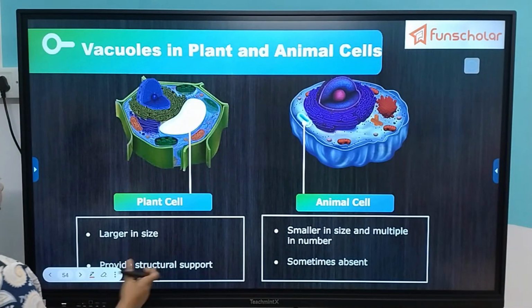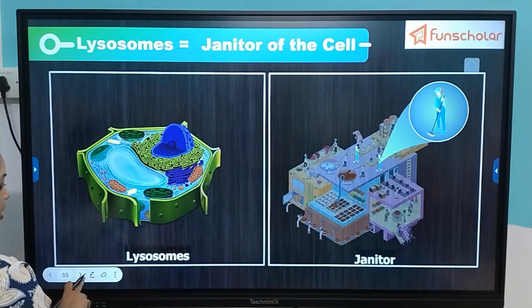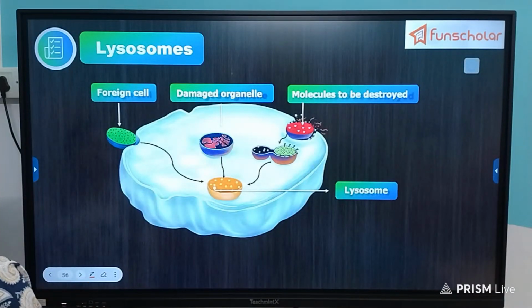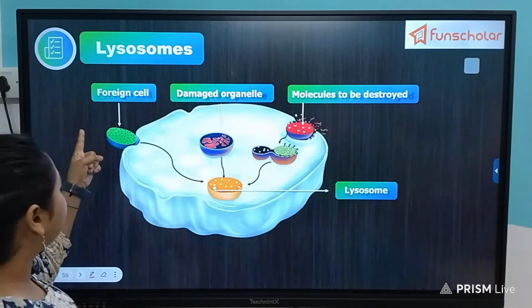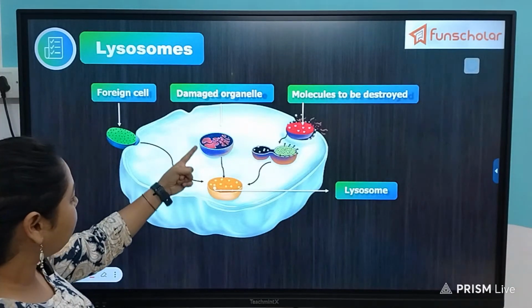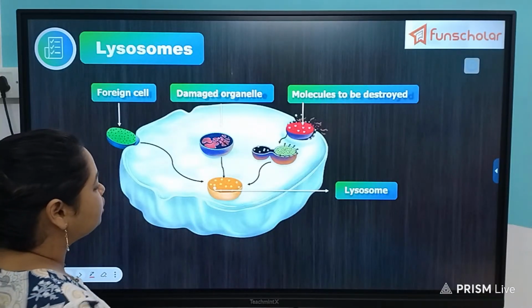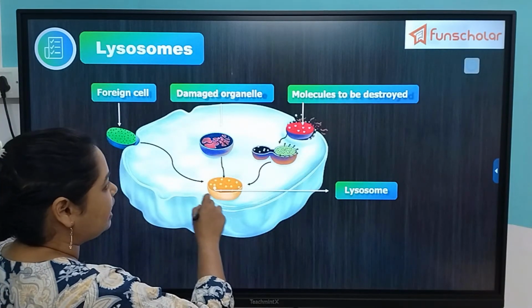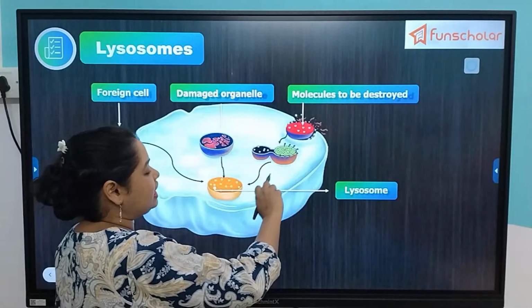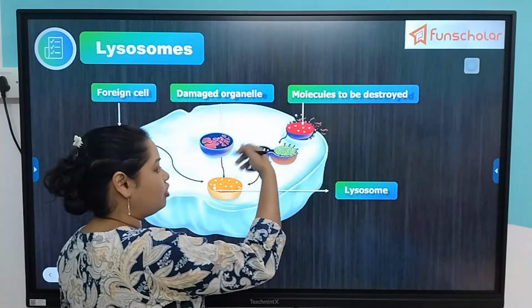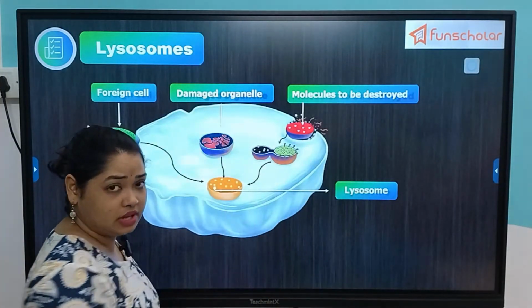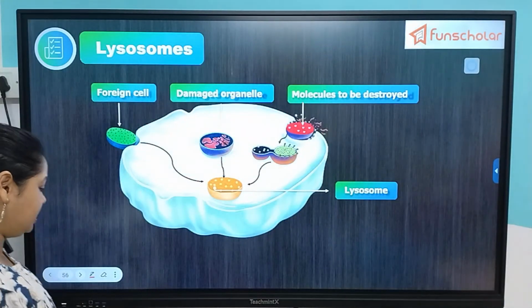We already have dealt with these differences in our earlier class. So how do lysosomes clear out the worn out cells? You can say if a foreign cell enters or a damaged organelle is there, the lysosome will digest that, and then it will carry that outside the cell, and it will digest it with the help of the digestive enzymes present inside it.